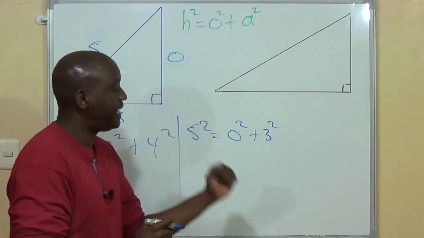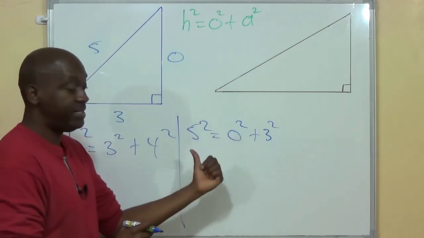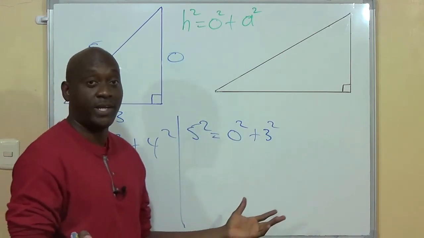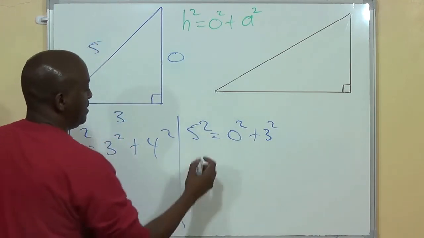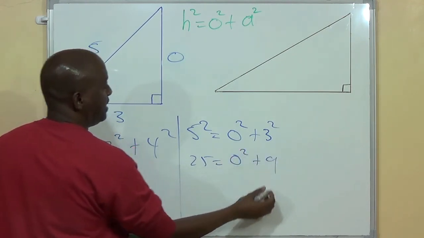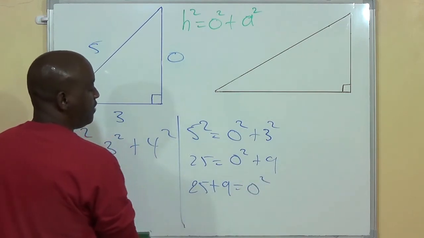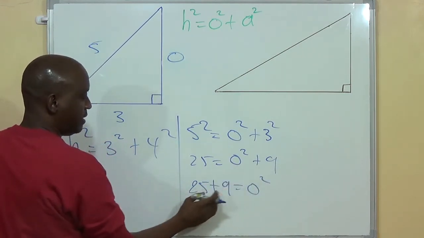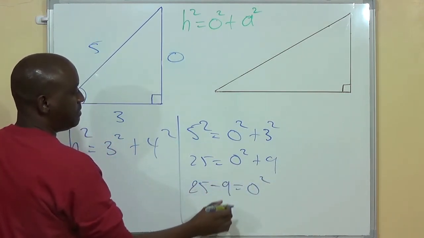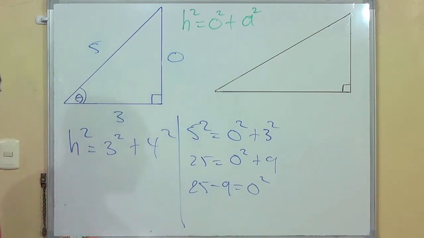Because if you forget that in taking the 9 across you have to change the sign, then everything will go haywire. So if you say 25 plus 9 is equal to o squared, forgetting that when you take the plus 9 across it now becomes minus 9, then you see where some mistakes could be made.